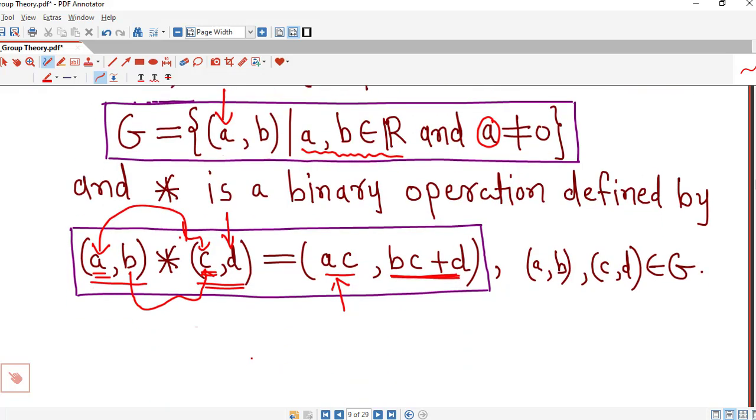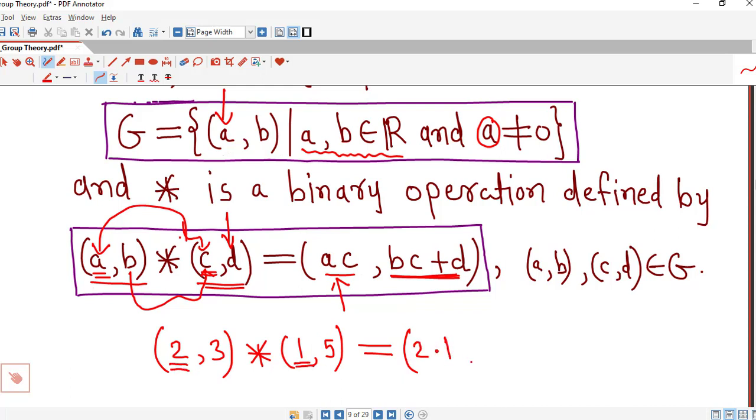So this is the operation given. For example, if we consider (2, 3) and say (1, 5), then this is first component times first component, that is 2 into 1, then b into c, that is second component times first component, so 3 into 1, plus d, which is 5 here.